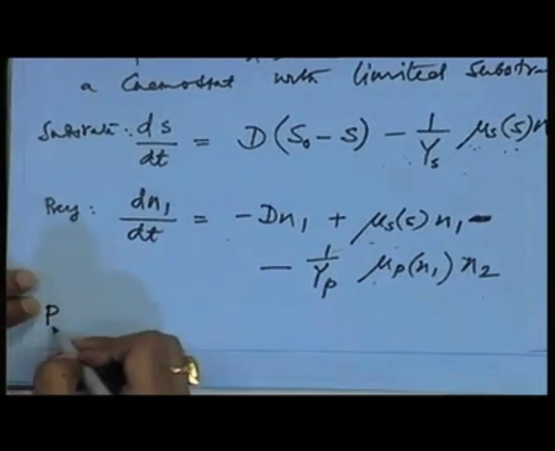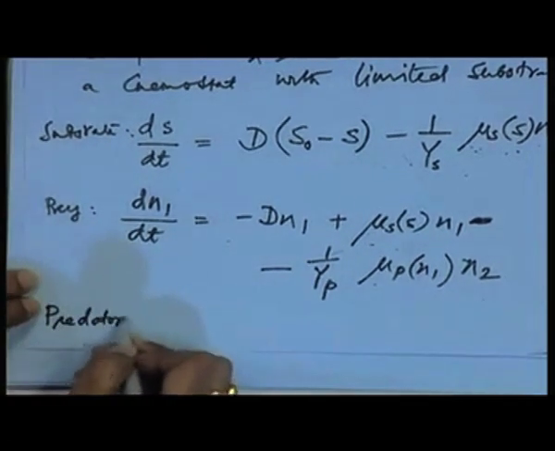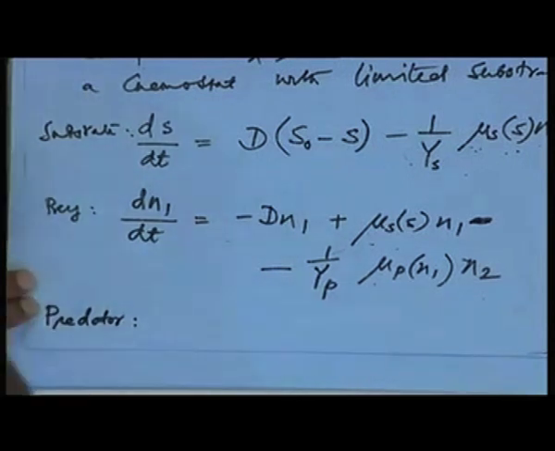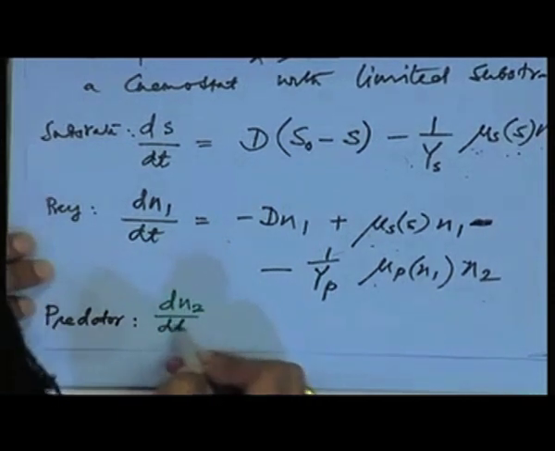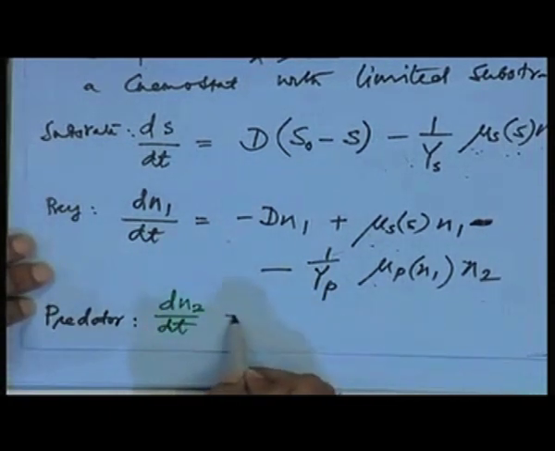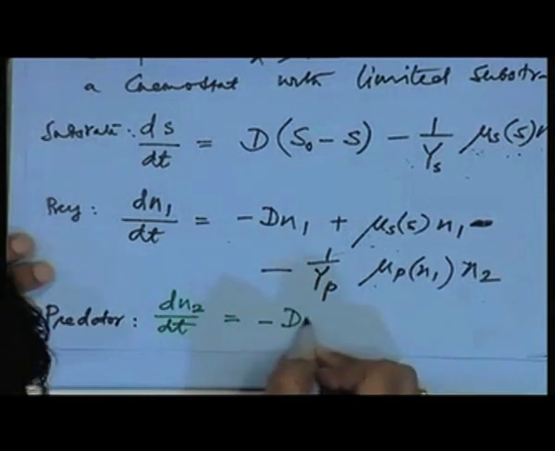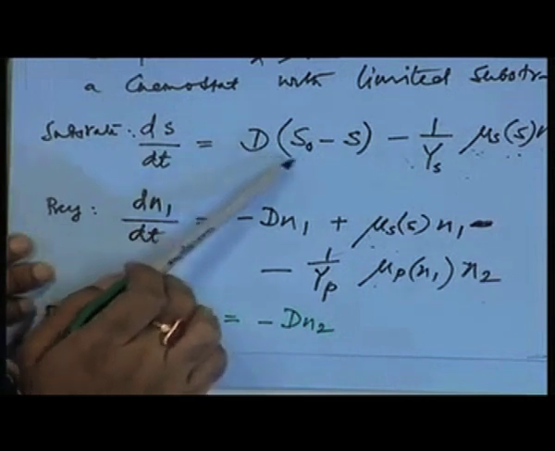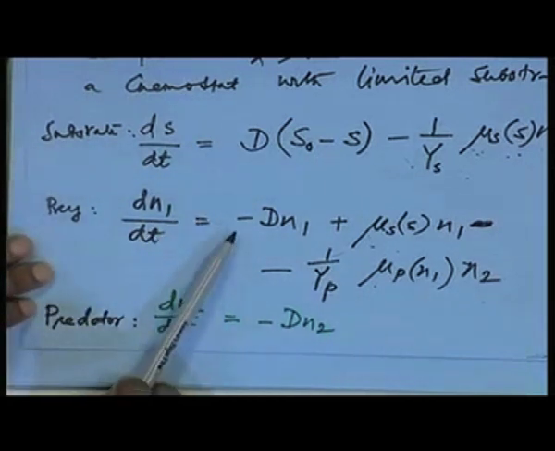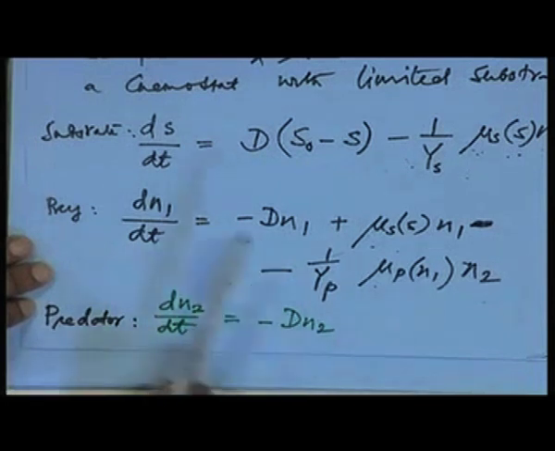I hope you can see it here. This is the model for the predator. Let me write this in green. So, dN2/dt equals minus D N2. Why is there no entrance? See, for the substrate there is an entry term D S naught, but for the prey and the predator there is no entry term, because no prey or predator is entering the system, only the substrate is entering.